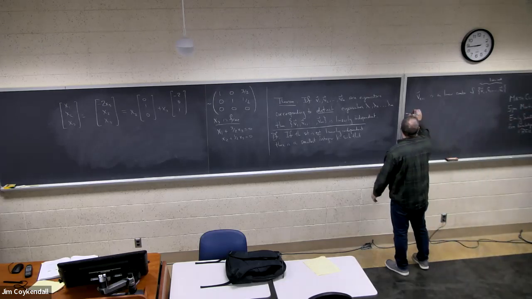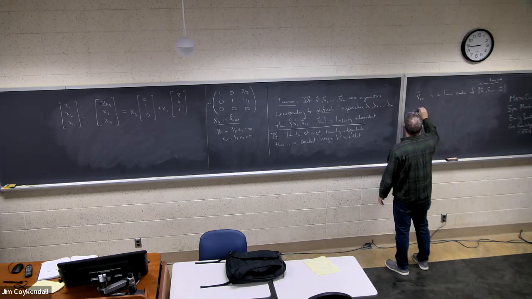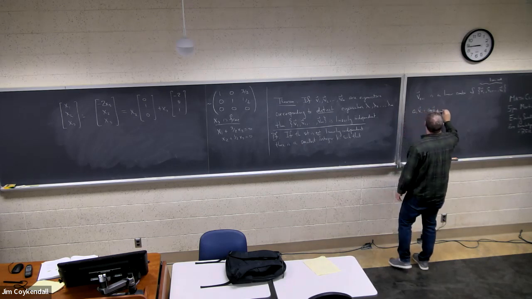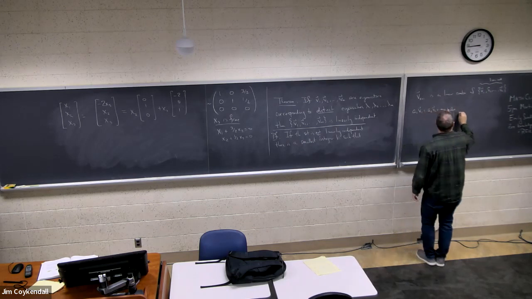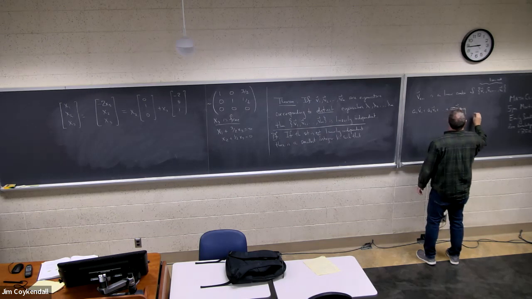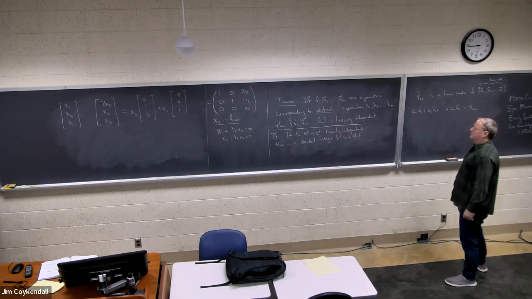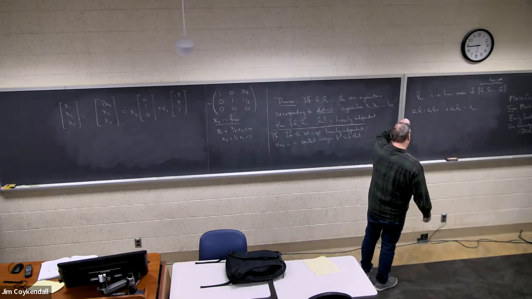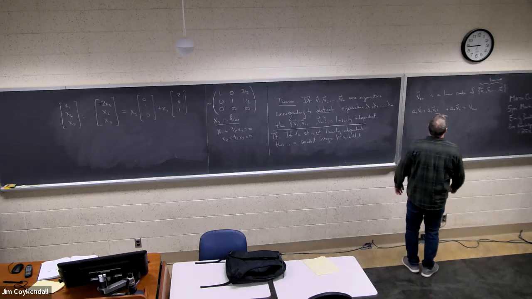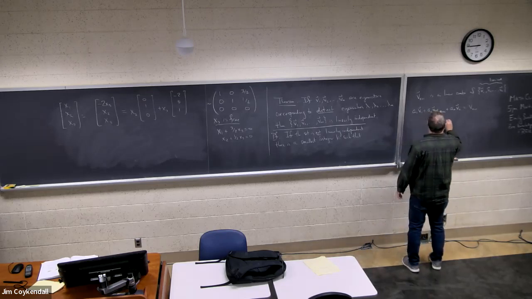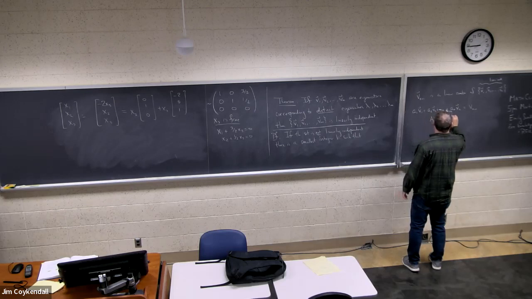So let's say that A1 V1 plus A2 V2 plus ... AK VK is equal to V(K+1). And recall that A Vi equals lambda i Vi, right?